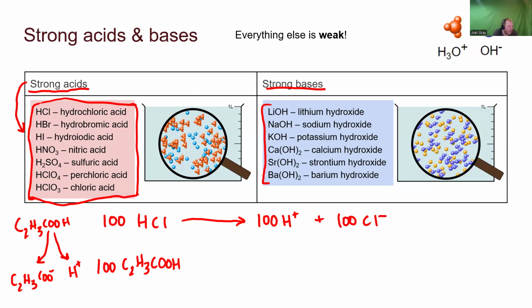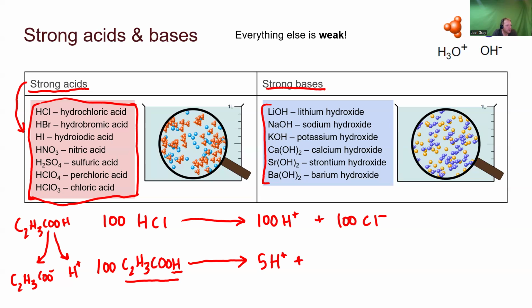Now, because this is a weak acid, when you put it into solution, what you would get is something like this. 5 hydrogen ions. So of those 100 molecules, we get 5 hydrogen ions.